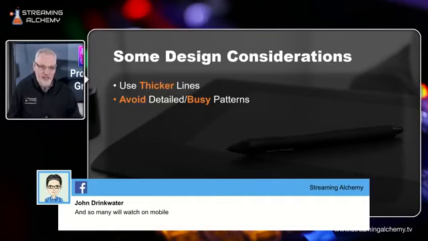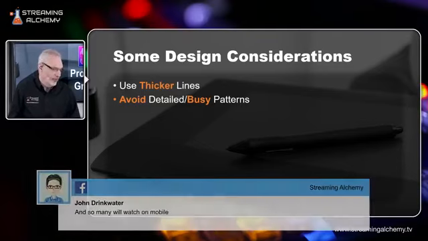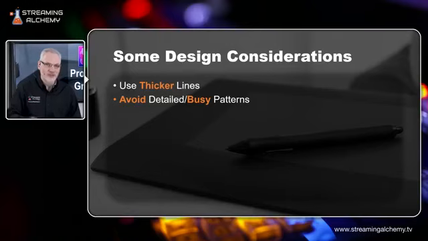John is making a point here that there are a lot of people watching on mobile, and while mobile devices have really high physical resolutions, that doesn't necessarily translate to what you would pull from that visually. And to be honest, as some of us get older, you're holding that phone a little further away. You appreciate things that are a little clearer too.